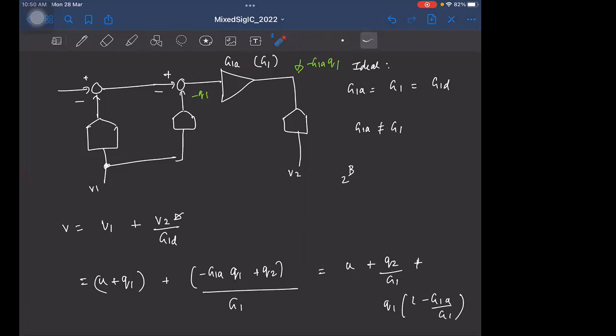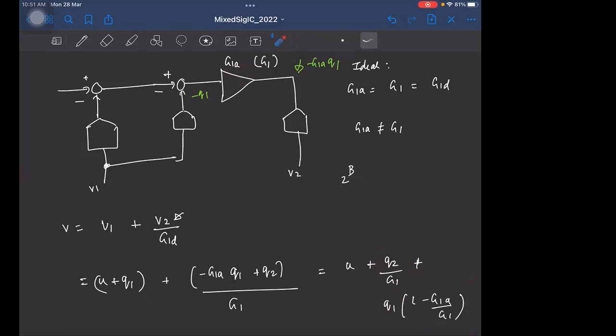Yeah, how do you cancel this term? I mean, this is equal to this, right? But the point is, Q1 and Q2 are not related. They are unknown and completely uncorrelated.